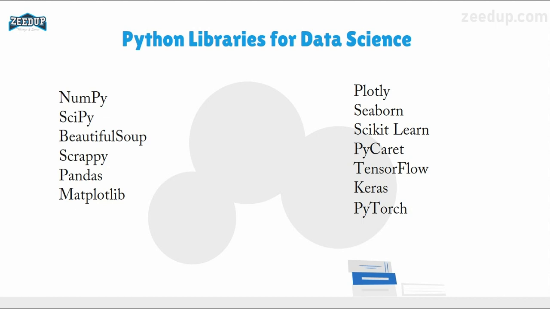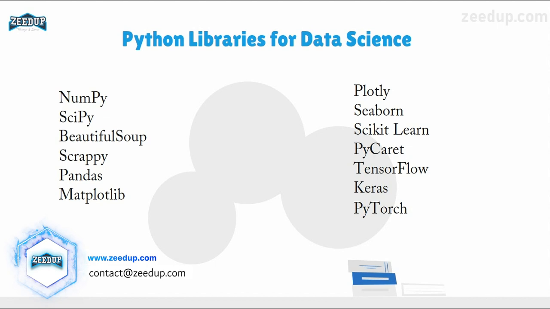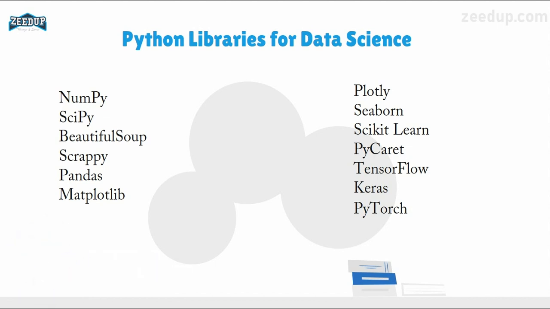Scikit-learn is an indispensable tool in data science that will help in the making of machine learning models. Iterative is an open source machine learning library that helps from data preparation to model deployment. TensorFlow is developed by the Google Brain team, and it is basically used for deep learning.